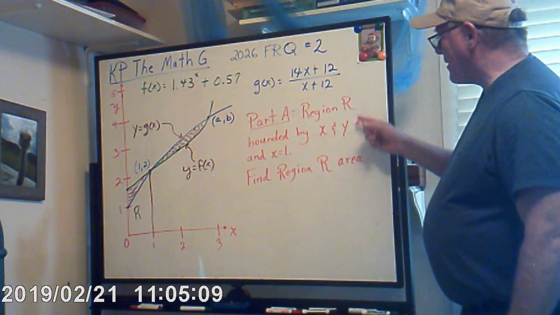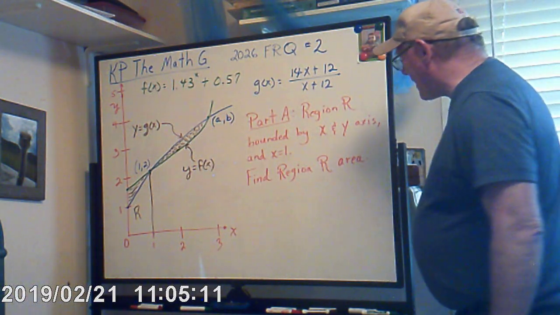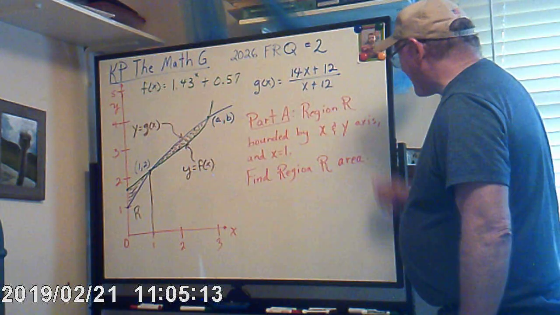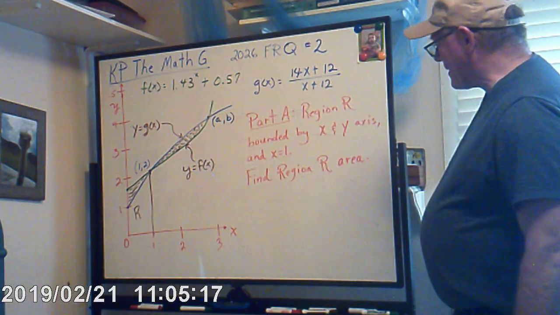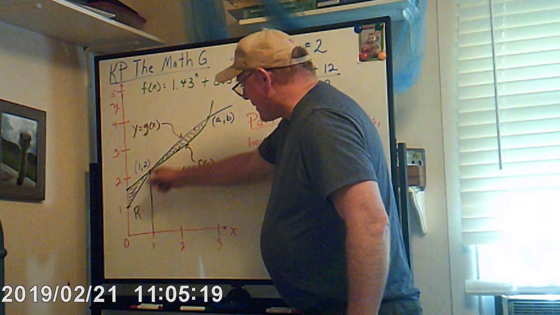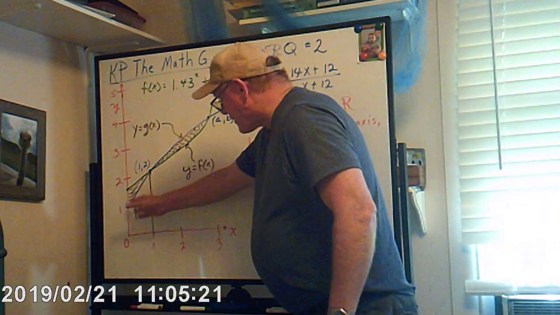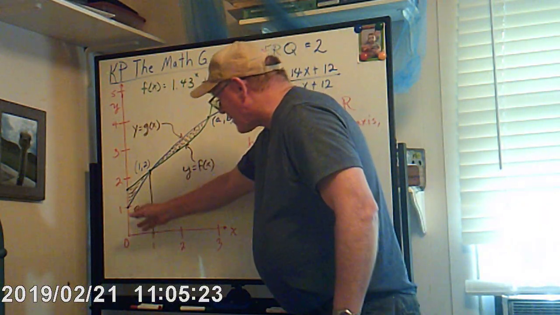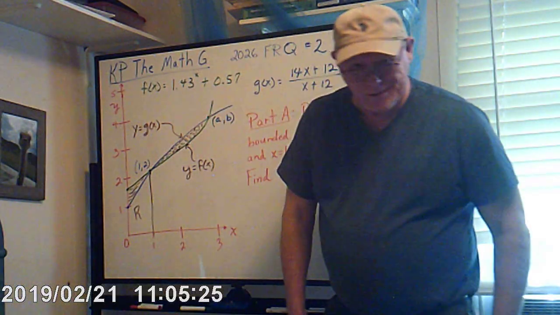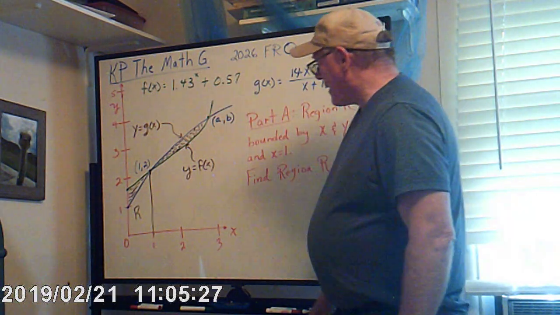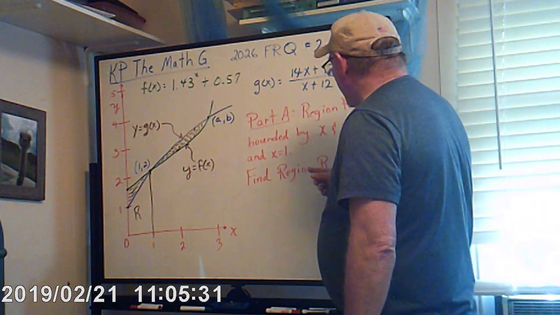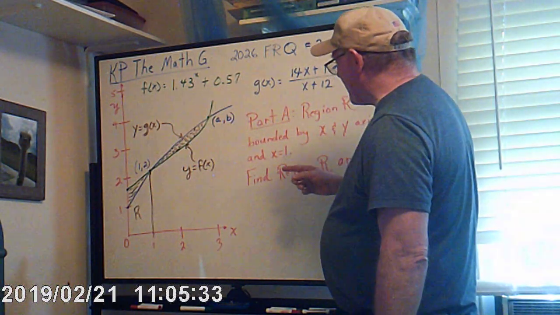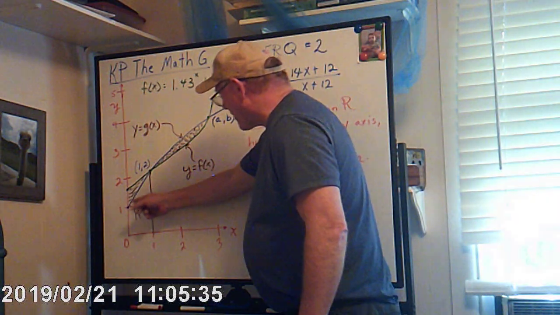Part A, region R is bounded by the x and y axes, or let's just say axes, and x equals 1. Now x equals 1 is here. R is that region that's not colored in at all, okay? It is bounded by, as a matter of fact, it is also bounded by this curve here.